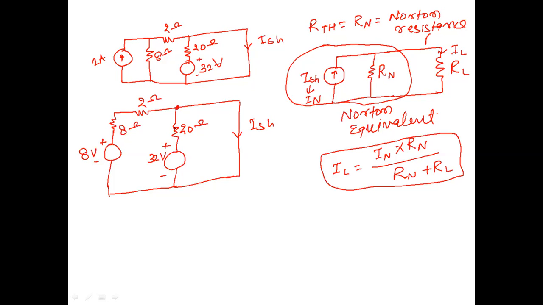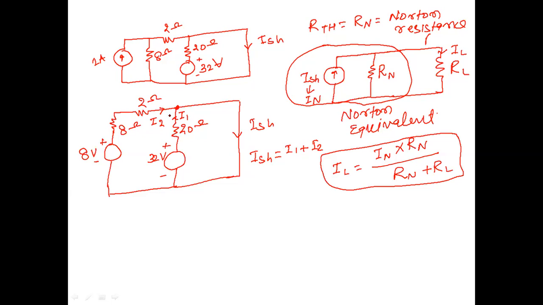This 32 volt source will give a current that I am writing here, suppose I1, and this current I am writing here as I2. So I1 and I2 are flowing here. ISC, that is called Norton current also, short circuit current, will be equal to I1 plus I2. So we have to find the value of I1 and I2.